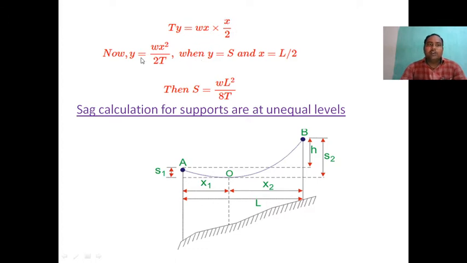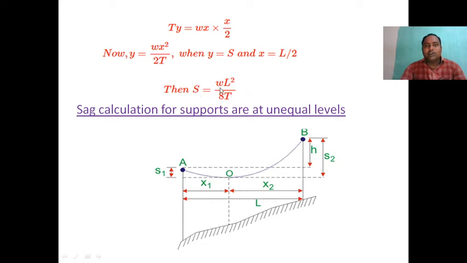So y becomes Wx square by 2T. When y is equal to S and x is equal to L by 2, then sag S is equal to WL square by 8T. When the two supports are at equal heights, the sag S is equal to WL square by 8T, which is very important.